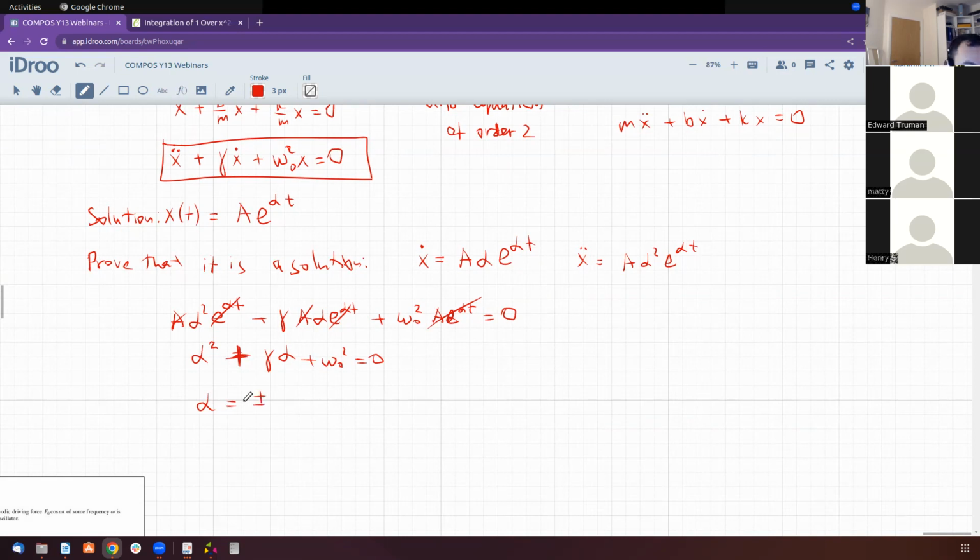And therefore alpha is equal to minus gamma over 2 plus or minus the square root of gamma squared over 4 minus omega 0 squared.